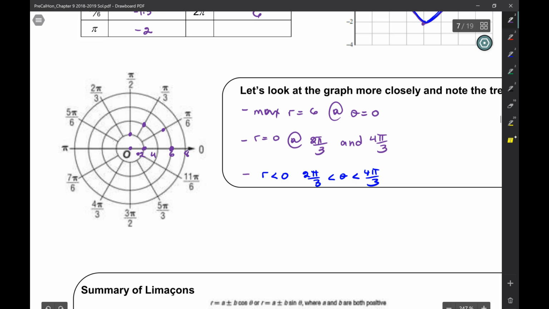And then at 7 pi over 6, it's negative 1.5, so here. And then at 4 pi over 3, it's 0. And then at 3 pi over 2, it's 4.